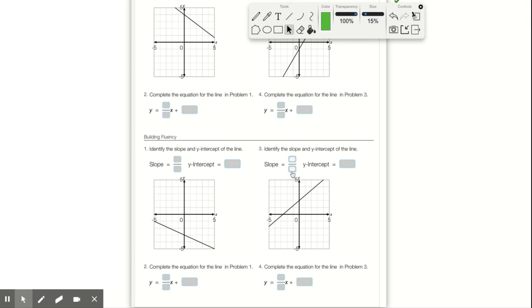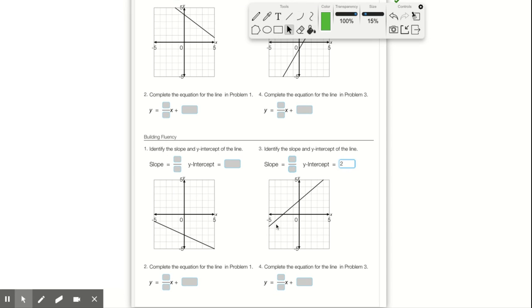So the positive slope is going to be a positive. All right. Now, Y-intercept, it's at the top, so it's going to also be positive. Where does it cross the y-axis? It crosses at 0, 1, at positive 2. Let's put positive 2 here.